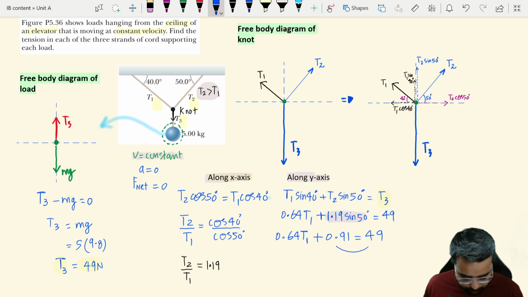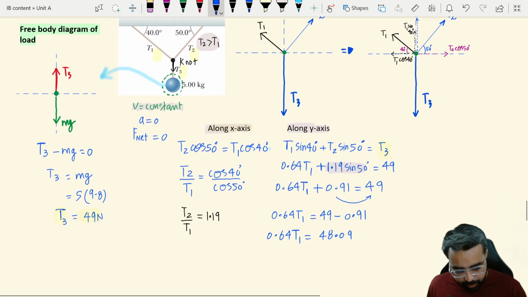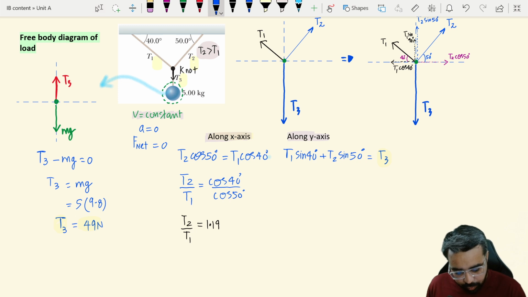You can take it on the other side. So 0.64 T1 is equal to 48.09 newtons. Okay, and finally to find the value of the tension T1: sin 40 is 0.64, so 0.64 T1 plus, can I plug the value of T2 here?